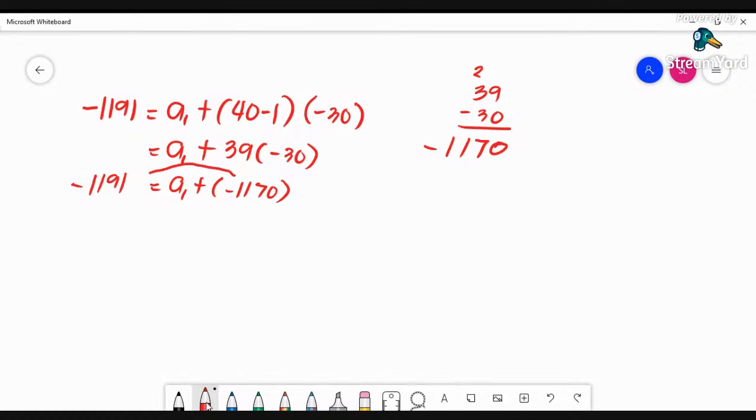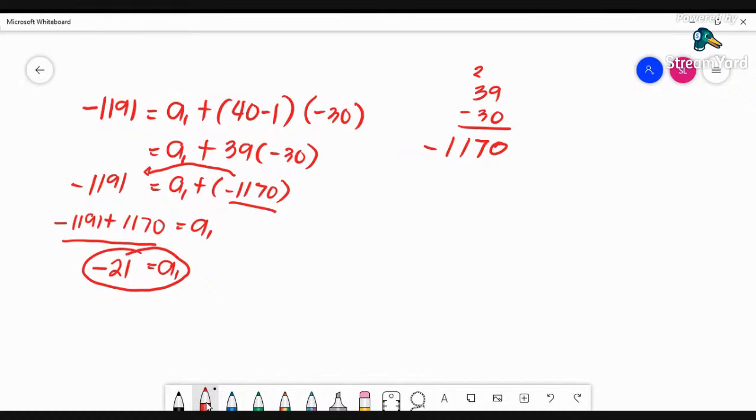If we transfer this to the left side, negative 1,191 from negative becomes positive 1,170 equals A sub 1. If we add them, the answer will be negative 21. So that is A sub 1. Now we have our A sub 1, and now we are going to find the 20th term.